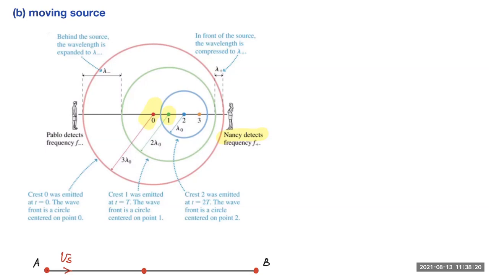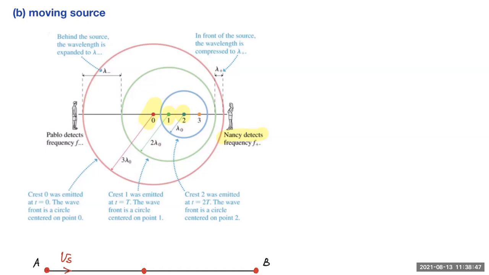And then the source keeps on moving and reaches point 2, again a time t later. That's when it starts to emit the third wave, which starts to propagate. That's when you see this blue dot at point number 2, and it starts to propagate. So this wave will make a smaller blue circle. Again, the circle is smaller than the first two because there's less time for it to propagate.